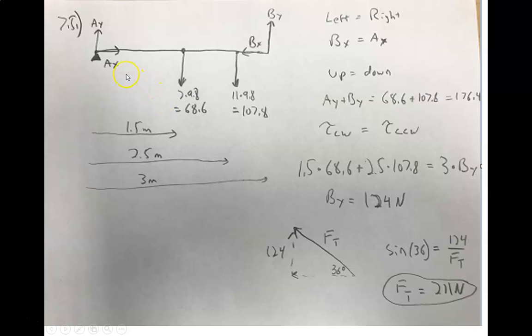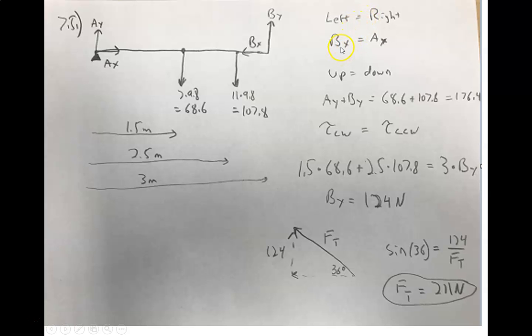Okay, so the first thing we do is we draw things out. We get everything labeled. So I've got my AY and AX from that pin connection. I've got the 7 kilograms from the mass of the beam. I've got the 11 kilograms from the sign. And then we've got the X and the Y components of the tension. The first thing we're going to say is lefts equal rights and ups equal downs. So left equals right.